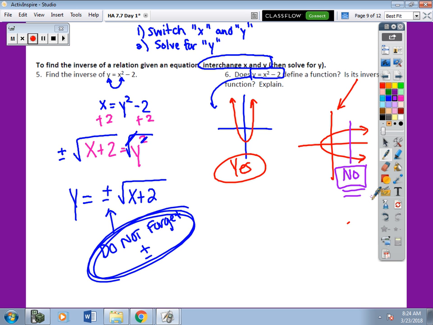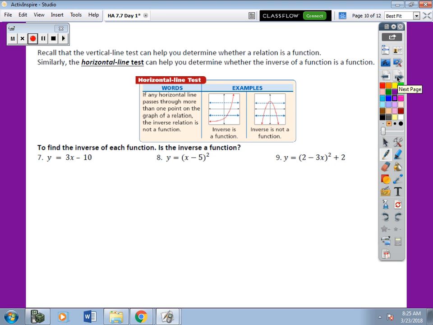So, if you don't want to have to think about the graphs of each of them and do the vertical line test, you can use something called the horizontal line test. The horizontal line test is used on the original function, and it will tell you whether the inverse is a function as well. So just like we do the vertical line test, you'll draw horizontal lines.